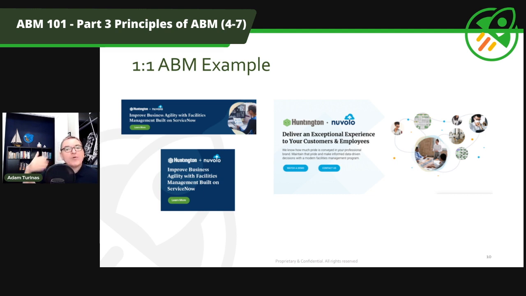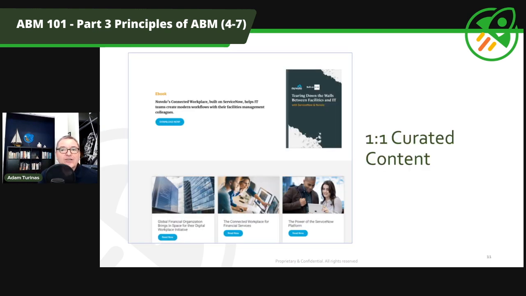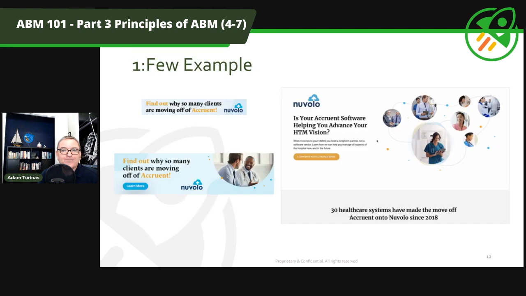As they were going through the sales process, the customer had a landing page which was tailored to them. That included things like curated content, which had been specifically picked out by the sales and marketing team to address the needs and the issues that they were hearing from that particular account.